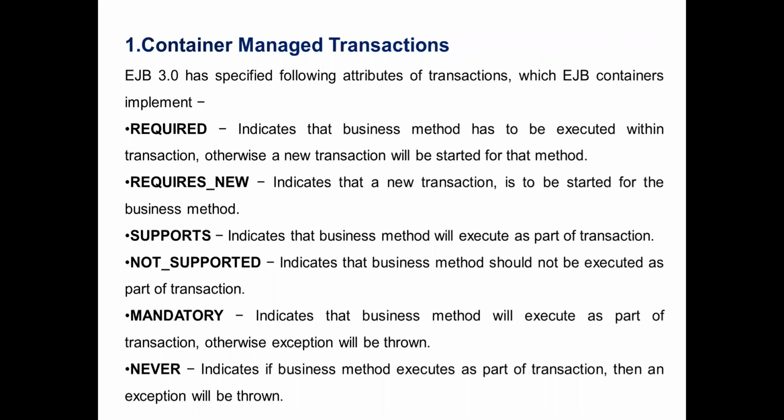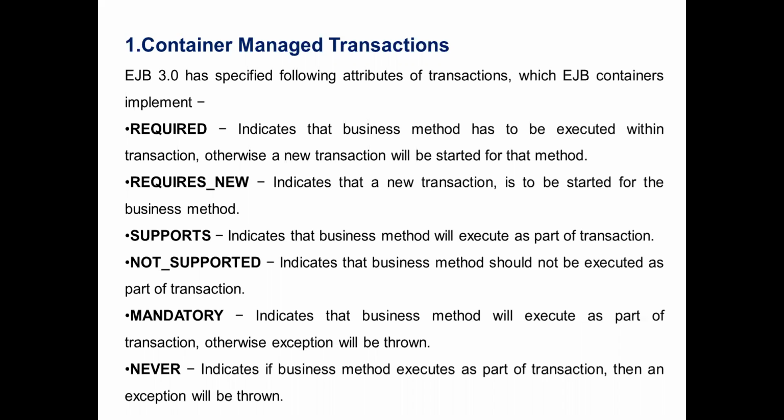We can go by the first one, the container managed transaction. In EJB 3.0, it specifies some attributes: required, requires new, supports, not supported, mandatory, and never. What annotations do we use for container managed transactions? The first is required.